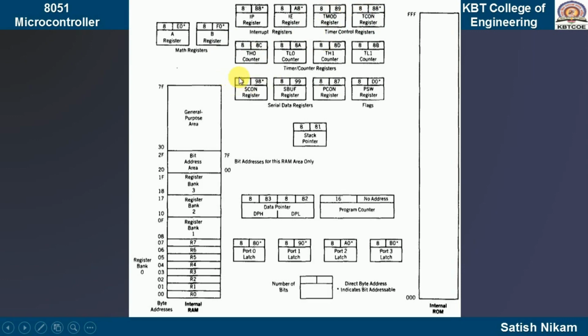Okay, next, as we know, our microcontroller 8051 can perform serial communication. For that purpose again there are important registers. Suppose I have to send data serially, so I have to put that data somewhere, then the data can be sent bit by bit. For that purpose we have the SBUF register, the serial buffer register.